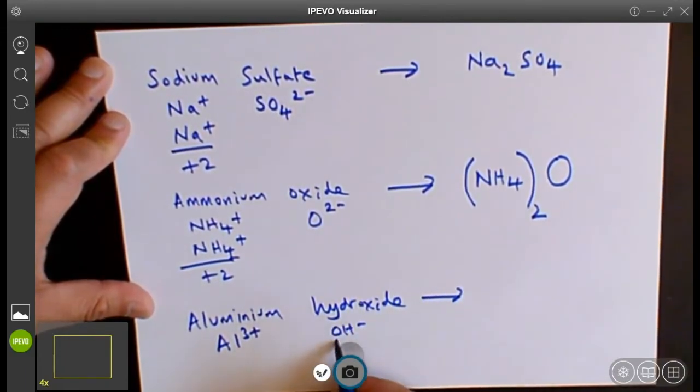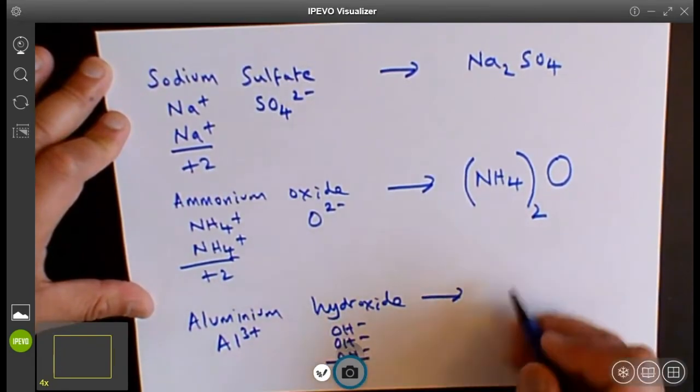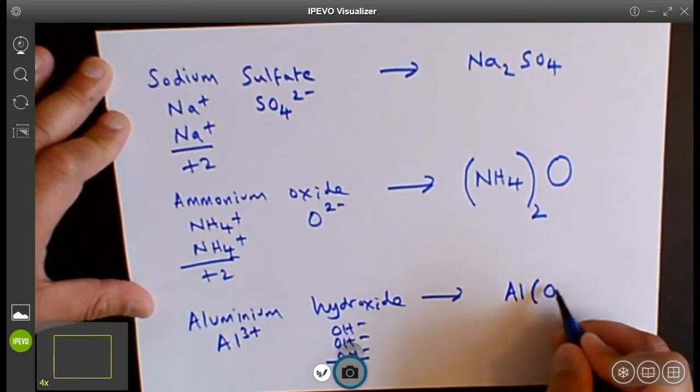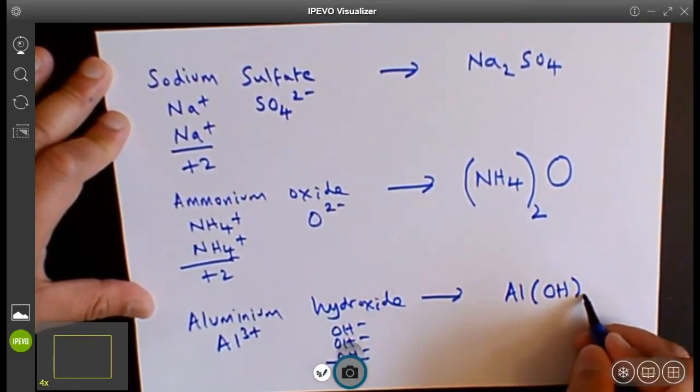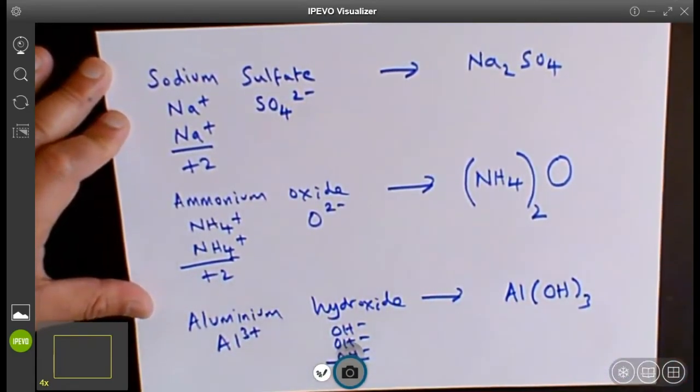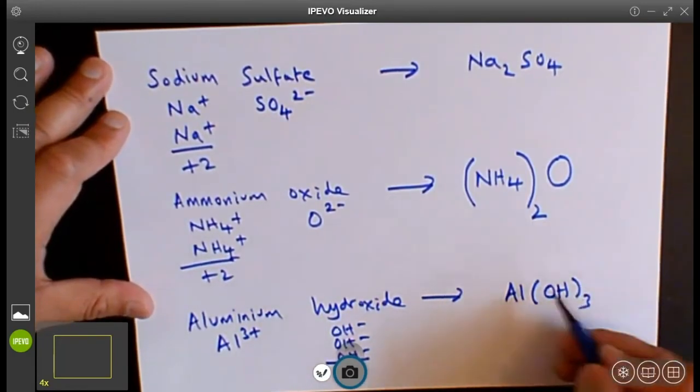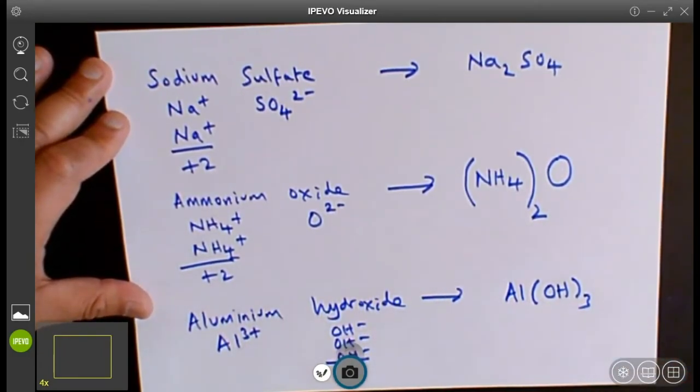Each one's -1, so I need to have 2 more there. So I've got a -3, which will balance the +3. So the formula there is going to be Al brackets OH with a 3, because I need 3 lots of the OH. Always put brackets around the whole of the ion there, because there's more than one atom or more than one element there.